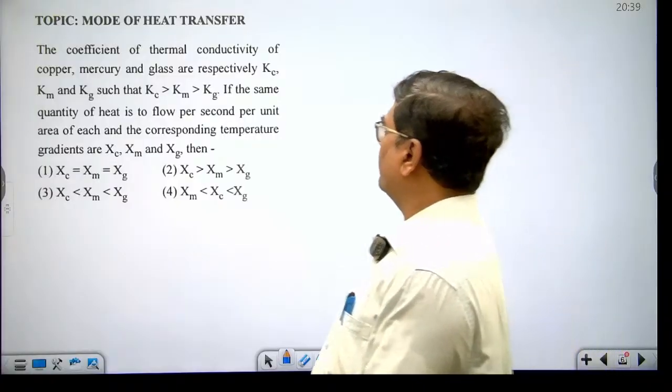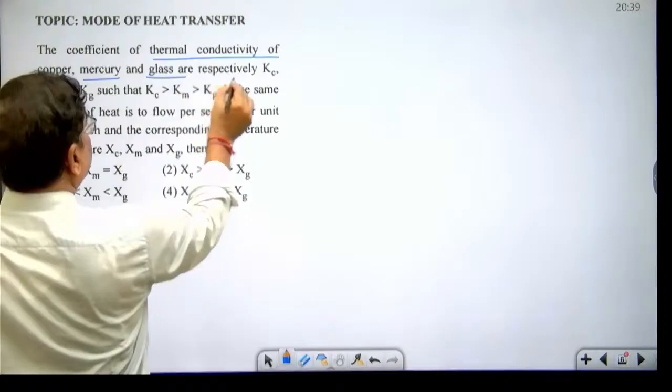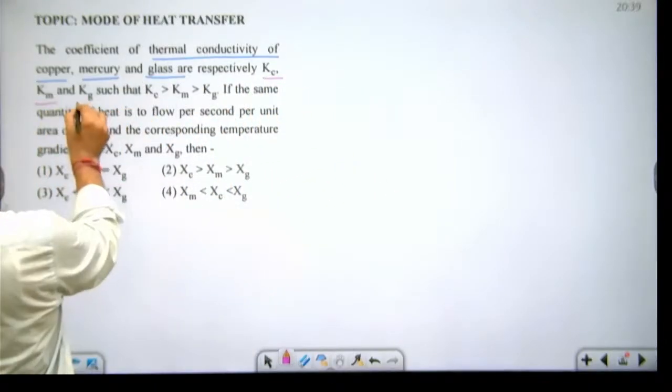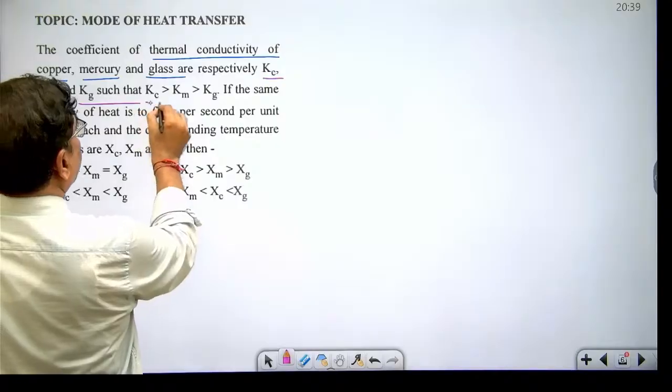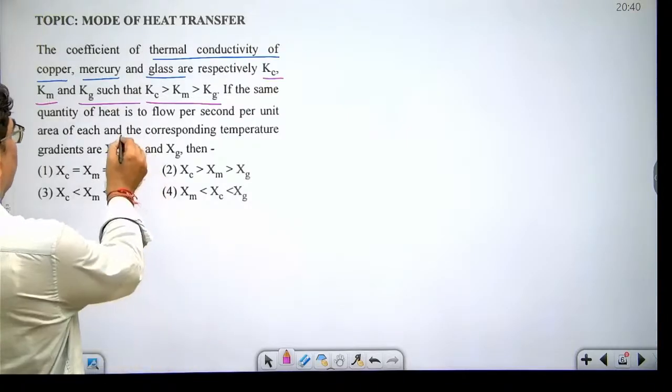The coefficients of thermal conductivity of copper, mercury and glass are respectively Kc, Km and Kg, such that Kc greater than Km greater than Kg. If the same quantity of heat is to flow per second per unit area of each, and the corresponding temperature gradients are Xc, Xm and Xg.